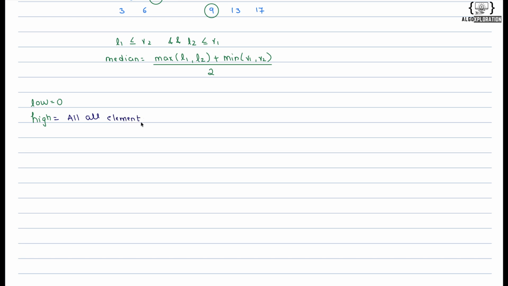But what if this is the case? If n plus m is turning out to be 12, then in the first section there will be 6 elements, and in the second section there should be 6 elements. And this n is turning out to be 7, and this m is turning out to be 5. That means the length of array A is 7.